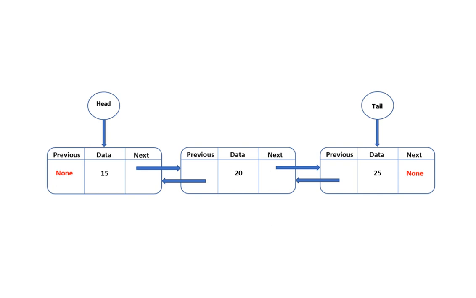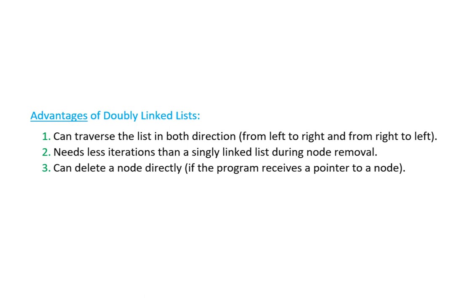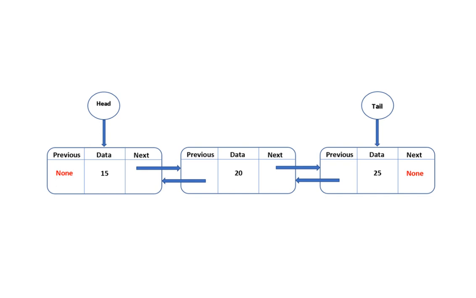Because of that, there is another advantage, which is we can delete a node directly without traversing. We said with singly linked list that if you want to insert or if you want to delete or remove, you always have to traverse. But with doubly linked lists, if someone gave you a pointer to a node, you can delete it. You don't need to traverse.